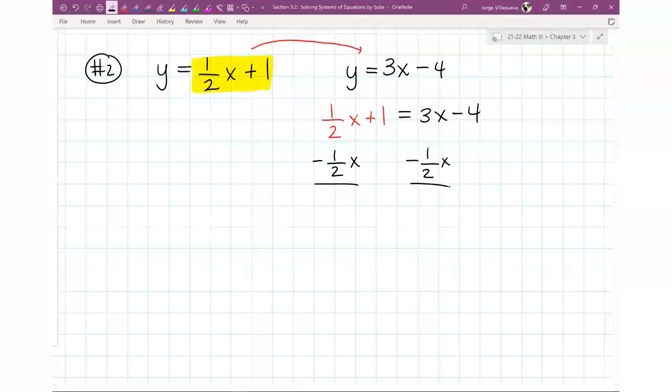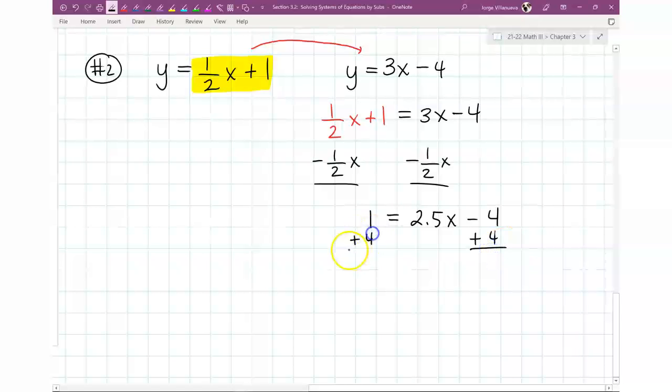Half is 0.5. 3 minus 0.5, that's 2.5, right? So I get 1 equals 2.5x minus 4. Now I'll add 4 on both sides. So I get 5 equals 2.5x.